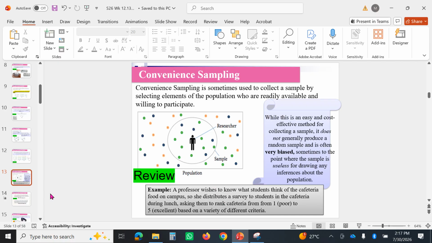People who are ready, willing, and able to participate may not be the ones that you're entirely interested in talking to. All right. Example here: a professor wishes to know what students think of the cafeteria food on campus. So she distributes a survey to students in the cafeteria during lunch, asking them to rank the cafeteria from 1 to 5, based on a variety of different criteria. You can see how this could create bias. The people who are eating in the cafeteria probably like the cafeteria.